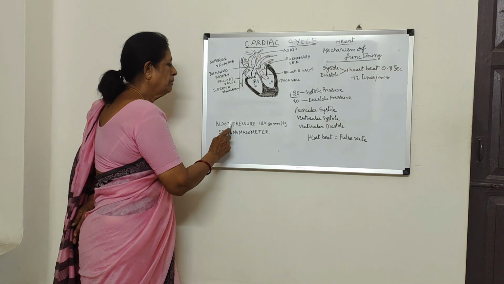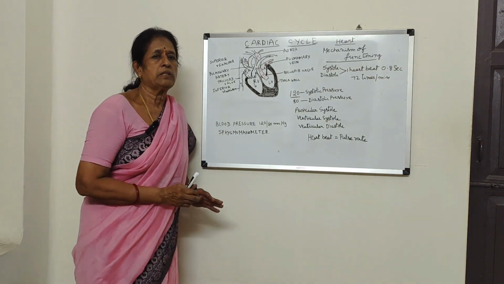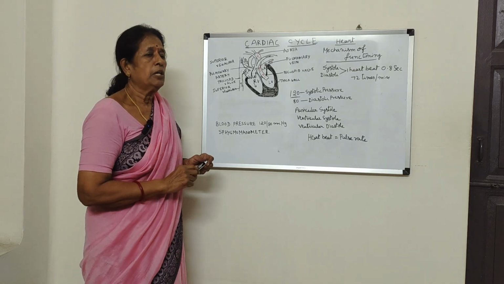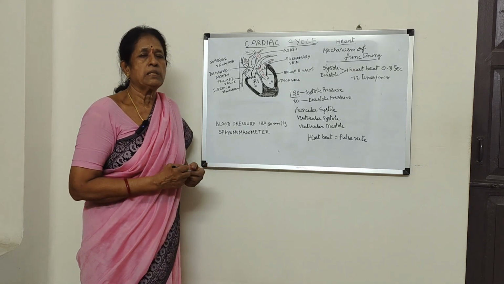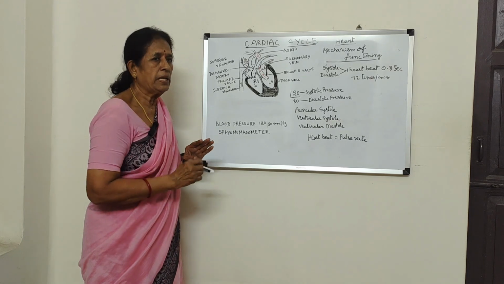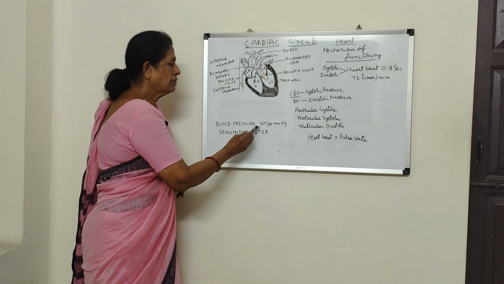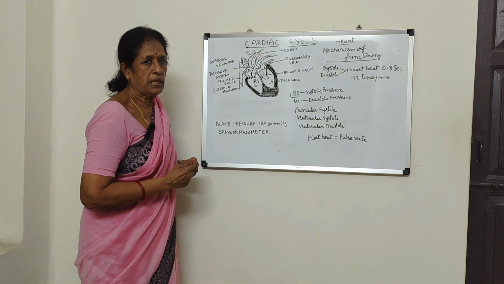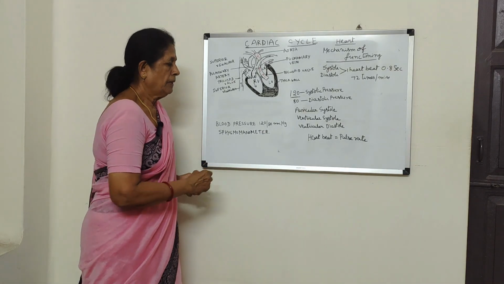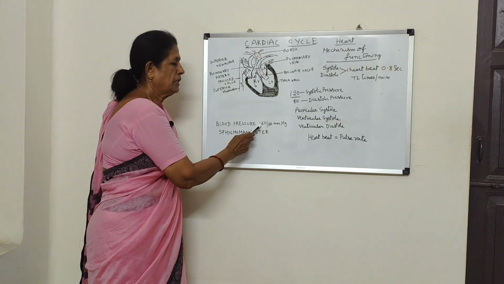And I have already told you about blood pressure. When the heart chambers contract, pressure is exerted on the walls of the arteries. During the systolic condition, the blood forcefully enters the arteries, so the pressure is higher, 120, measured in millimetres of mercury, Hg.